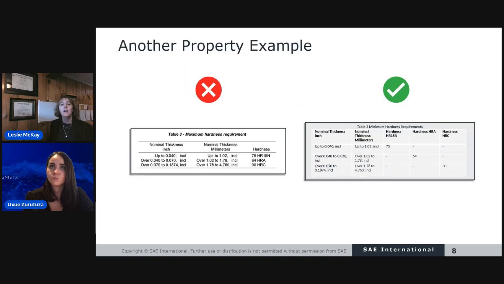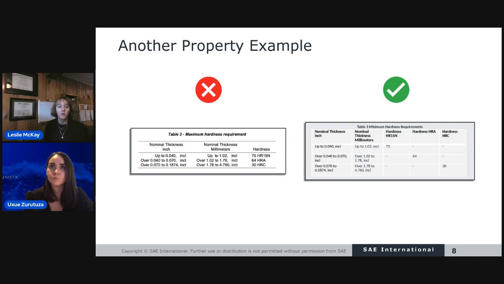Move on here. So here's another example. I've got a few examples of property tables. This one kind of struck out to me because it made me realize that in some cases, you may want to split things out into multiple columns. If you'll see, the original table has the hardness values all in one column, but technically those are different data values that might be searched in different ways.